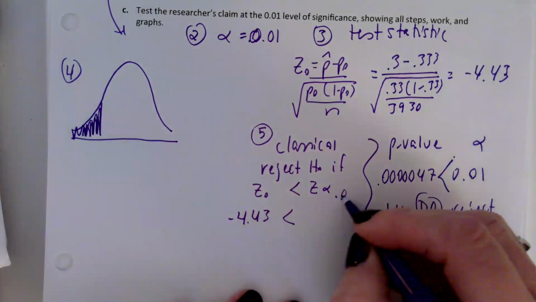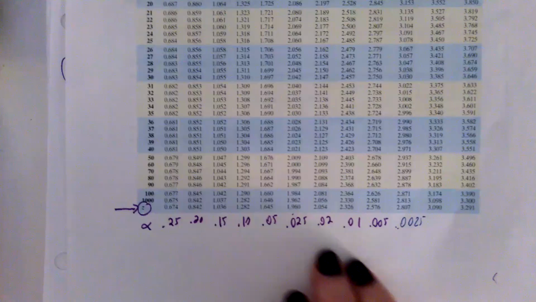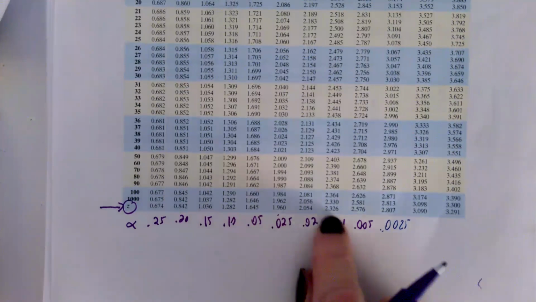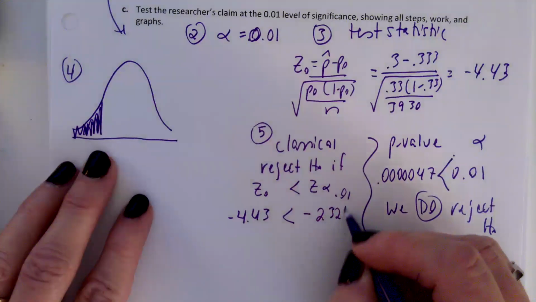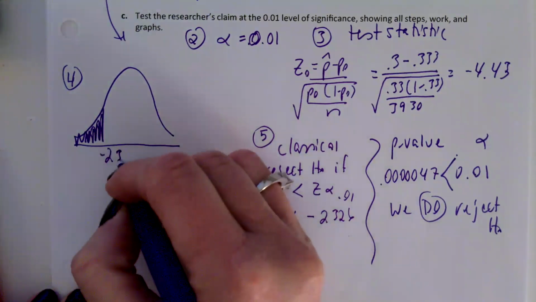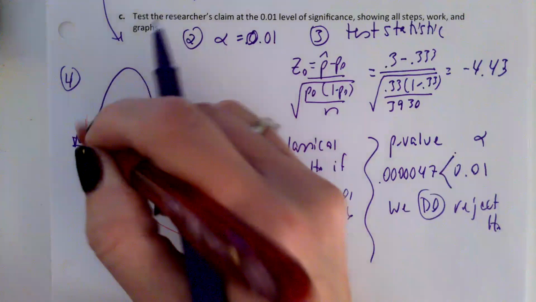And Z of 0.01 from our formula sheet, at the bottom of our page here, is 2.326. There's our 0.01, 2.326. And it's the negative because it's over here, negative 2.326. And yes, that is definitely less than. It's definitely in the danger zone. And we are right here. We are way out here.